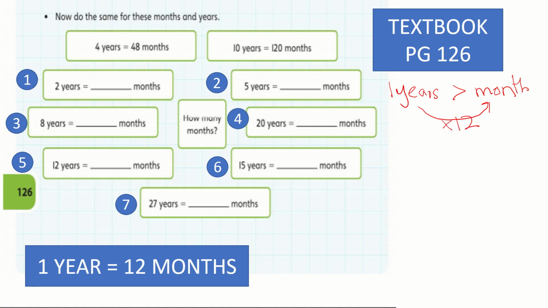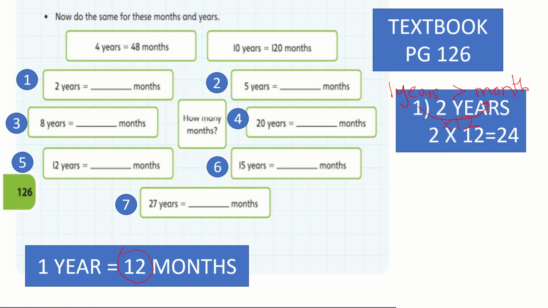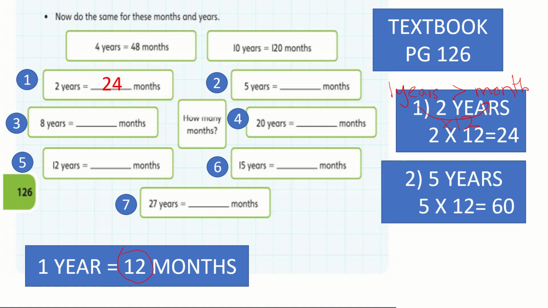So keep on multiplying. For 2 years, multiplying 2 with 12, you will get 24. For 5, you will get 60. Similarly, you will get all these answers by multiplying the given years by 12.